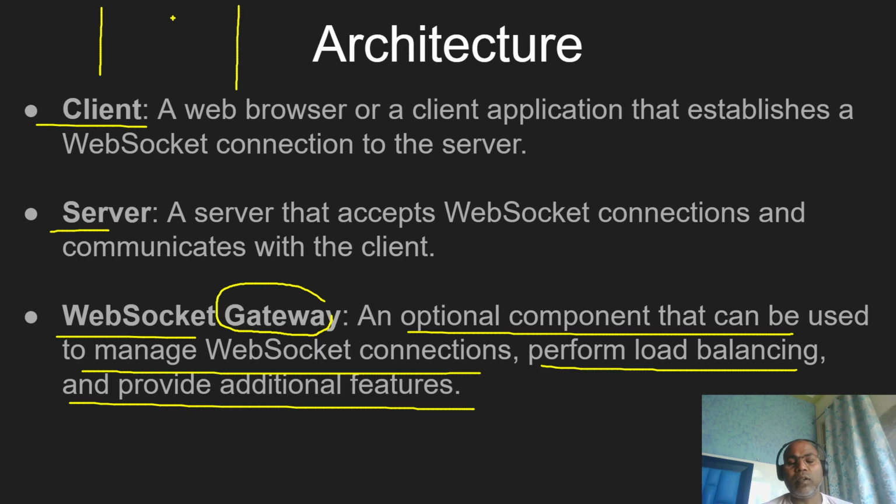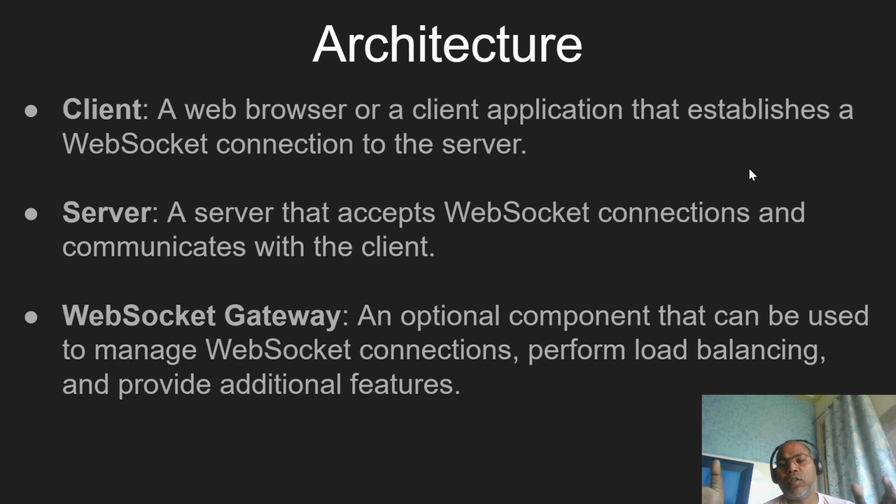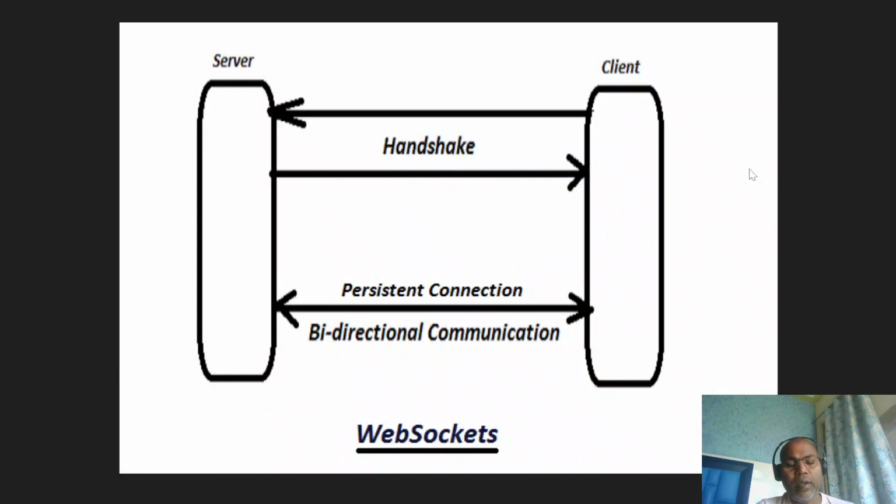Sometimes, instead of a single connection, we use a layer between the client and server, the WebSocket gateway, where multiple clients can communicate and the server can manage accordingly. It is optional, and in many places our web browser connects directly to the server and the server responds to you.